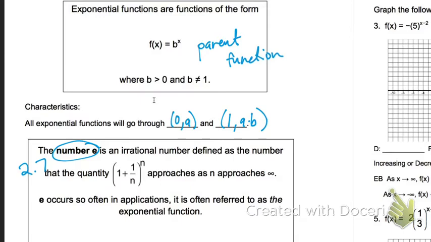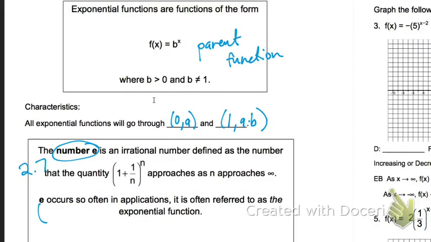And so e is a constant. It's irrational, meaning that the decimal doesn't repeat, but it goes on forever. And we're going to just round it to be 2.7 for this so that we can still graph it on a non-calculator part of the test. You use e a lot when you maybe invest in something and it accrues interest and it can be compounded.